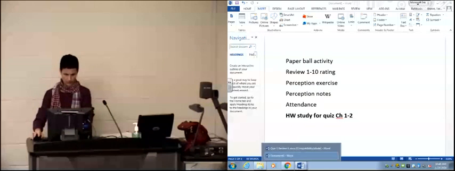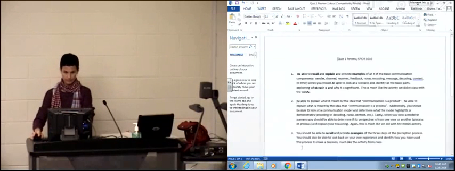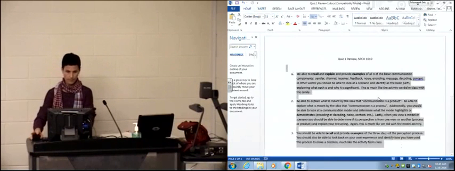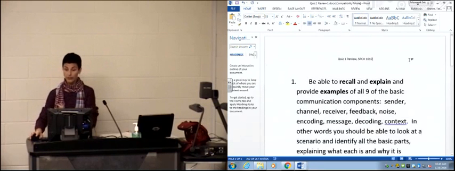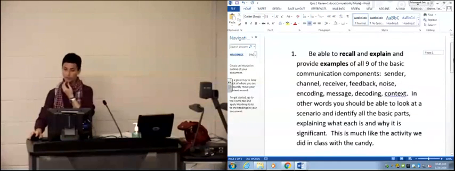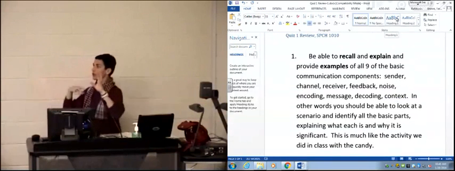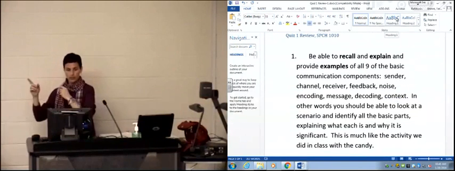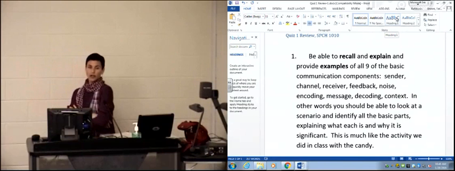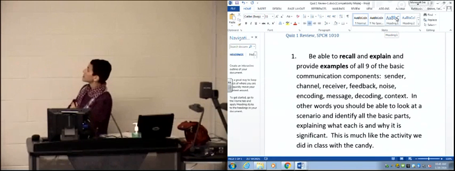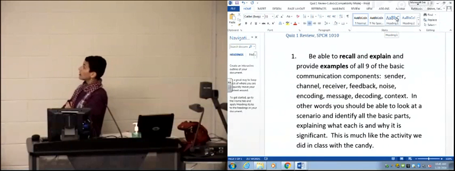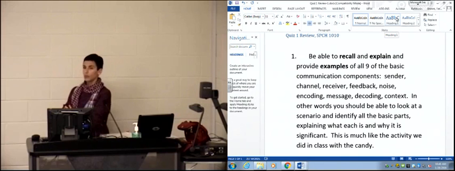Pull up the review document. I told you before we got started, kind of gave you the target. You needed to know the 3 steps of that perception process, and that's at the end of this. But let's talk about our communication components. You need to be able to recall and explain and provide examples of the 9 basic communication components.